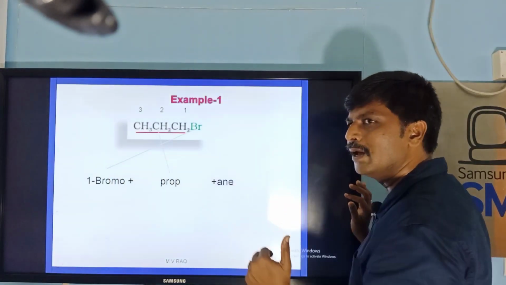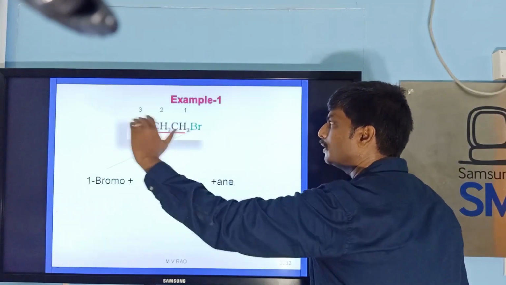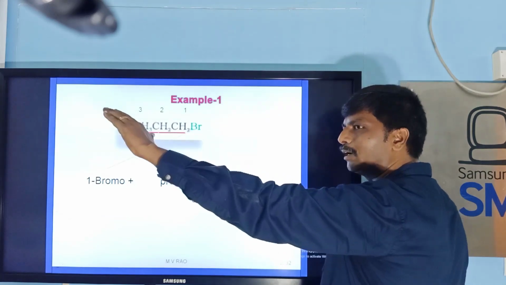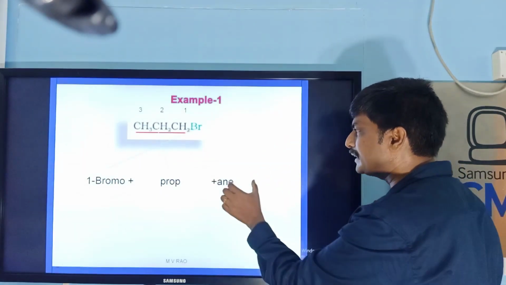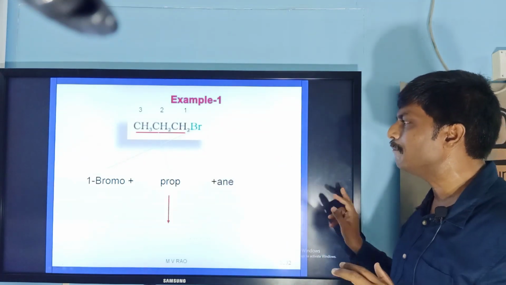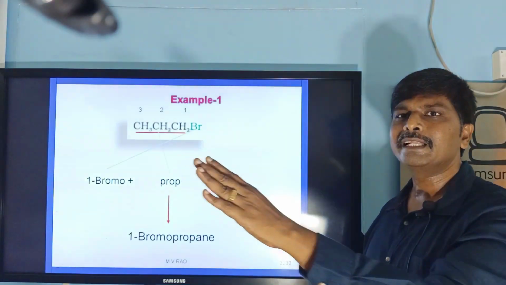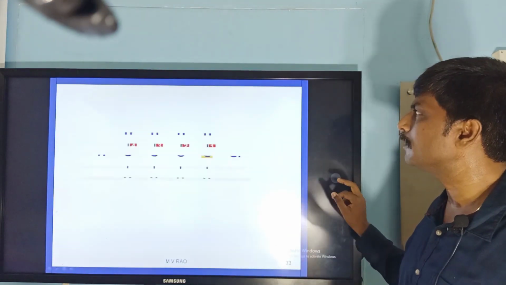So 1-bromo is the prefix, the root word is prop, and the primary suffix is ane. You add all these together without gaps. So what is the name? 1-bromopropane. Remember, in IUPAC there are no gaps. So that is example 1.